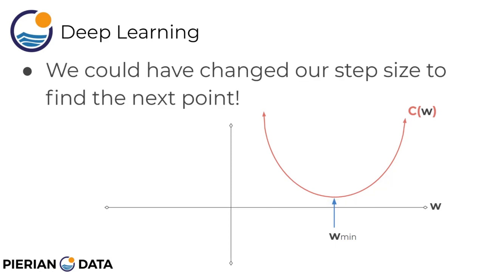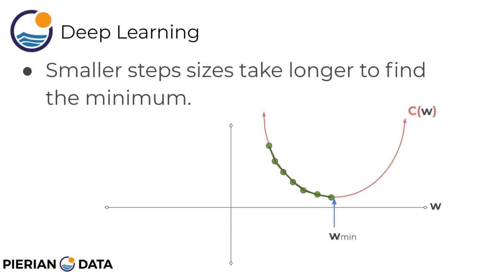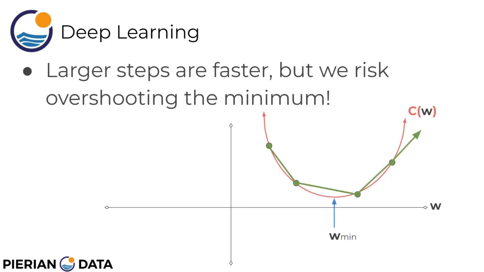Keep in mind, we could have changed our step size to find the next point. Here we took equal step sizes. If you take smaller step sizes, it takes longer to find the minimum. If you take larger step sizes, you'll go faster, but you risk overshooting the minimum.